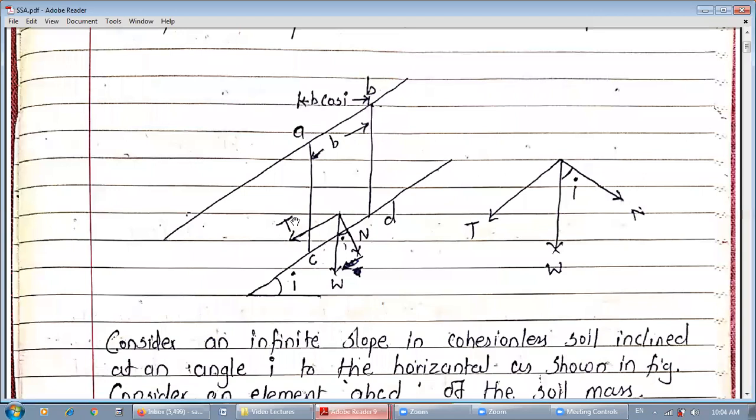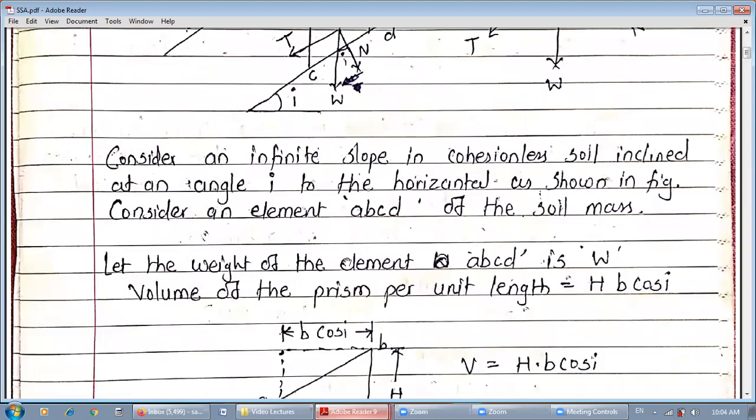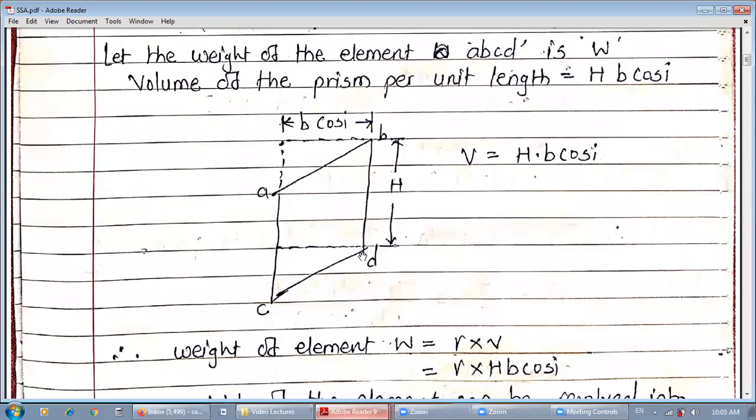So T is the tangential force, and N is the normal force, or we can say it is a restraining force against failure. So B is the inclined length of the AB element, and the horizontal length of AB is B cos I. Okay, so W is the total weight of the ABCD element. Then for the total volume, we have just drawn a horizontal line over here.